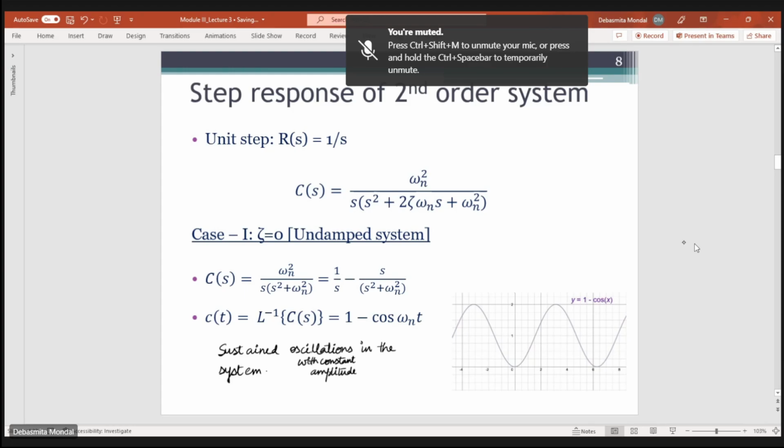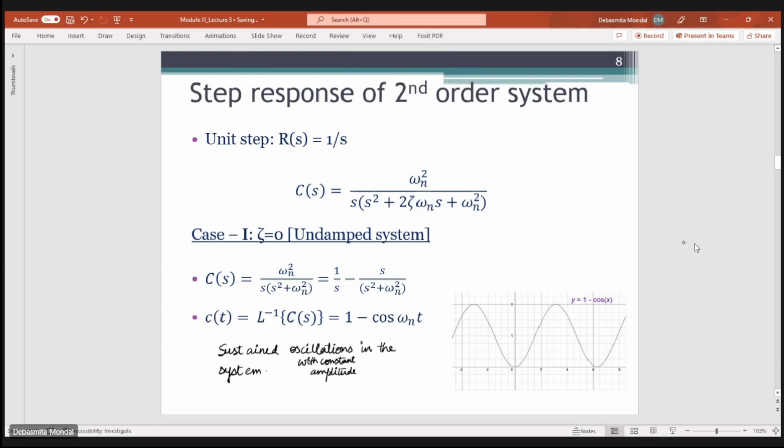That means the transients continue throughout the time and the system never really reaches a steady state.